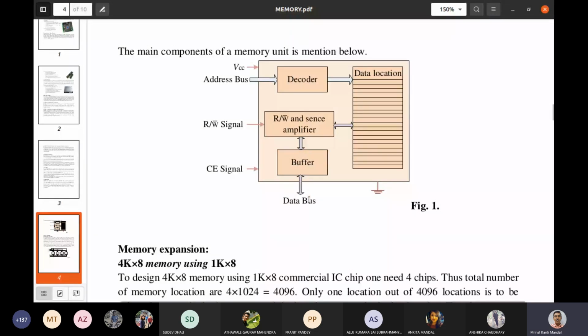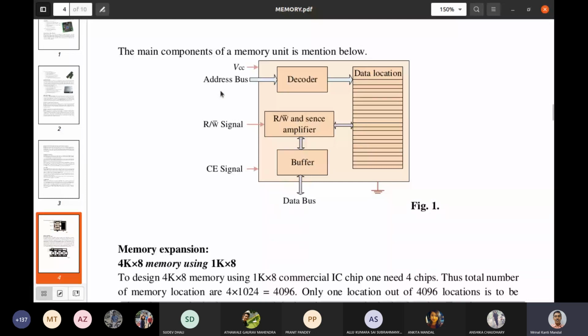Besides this, there are some external interrupts also. And it can be used in different modes, serial data input or parallel. That will depend on different interrupts. So the essential component is the address bus.